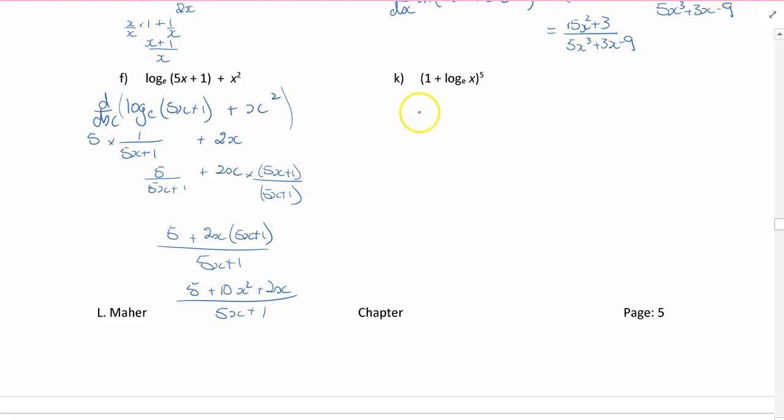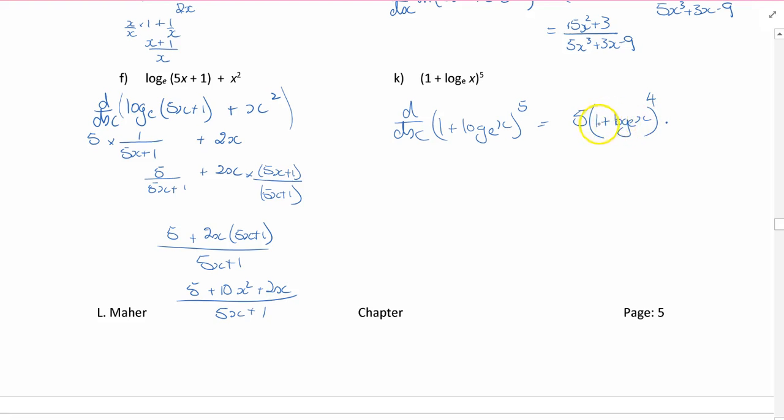So the derivative now, with respect to x, of 1 plus log to base e of x all to the 5 becomes, I bring the 5 to the front, 1 plus, and I don't change this at all, but I do subtract 1 from the power. I then have to multiply by the derivative of what is inside here.